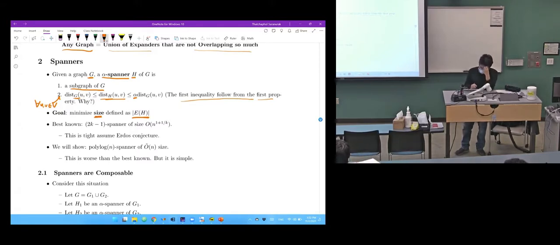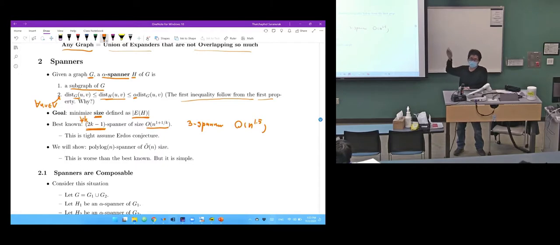By the way, the best known spanner is the following. I will not talk about this, but I just want to mention that for any k, there exists a 2k minus 1 spanner of this size. For example, you can get a 3-spanner of size this much.